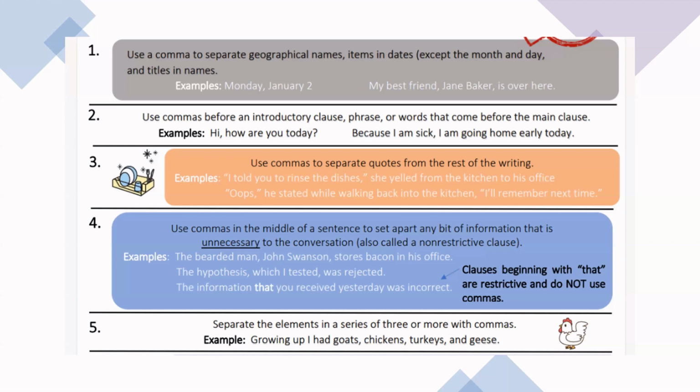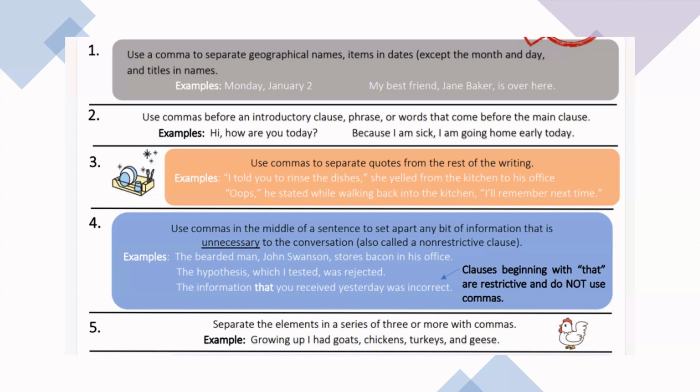Who's the bearded man? Oh, the bearded man, comma, John Swanson, comma, stores bacon in his office. The hypothesis, which I tested, was rejected. I'm just going to do pauses from now on.